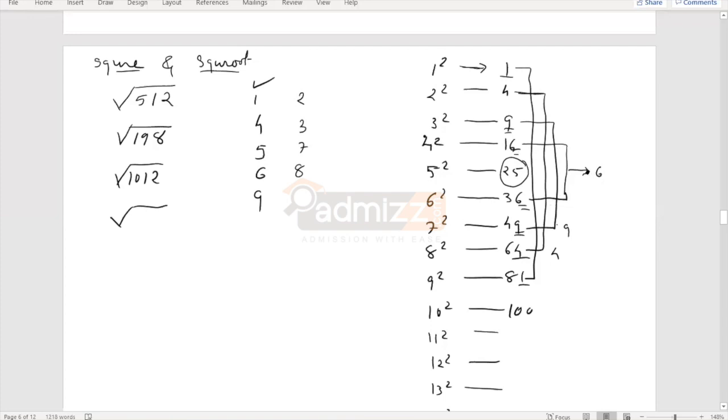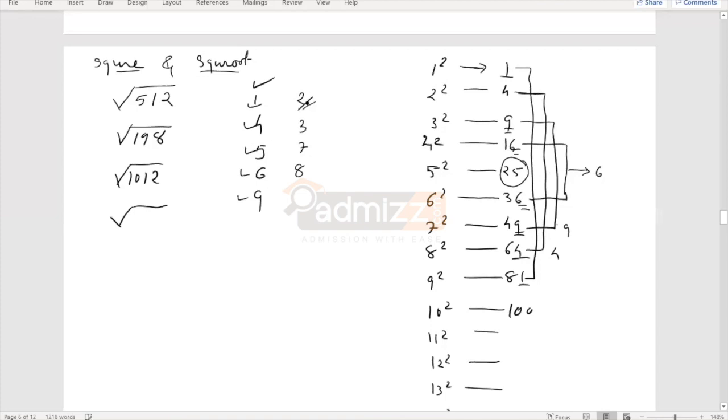So you can see the last digits are 1, 4, 9, 6. This means that if the last digit is 1, 4, 5, 6 or 9, then the number may be a perfect square and you can get the square root. Otherwise you cannot get the square root.